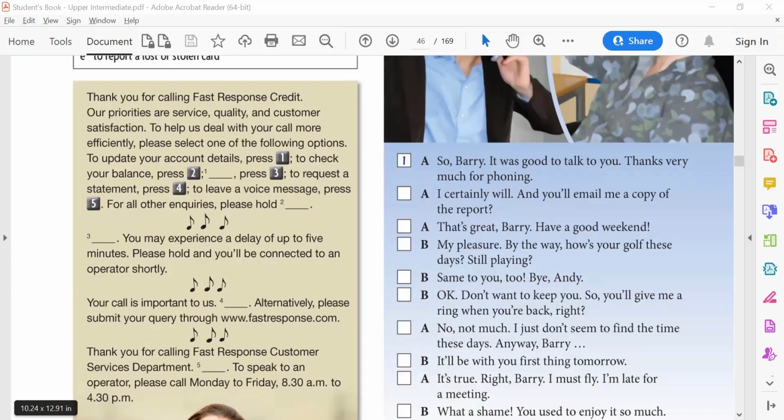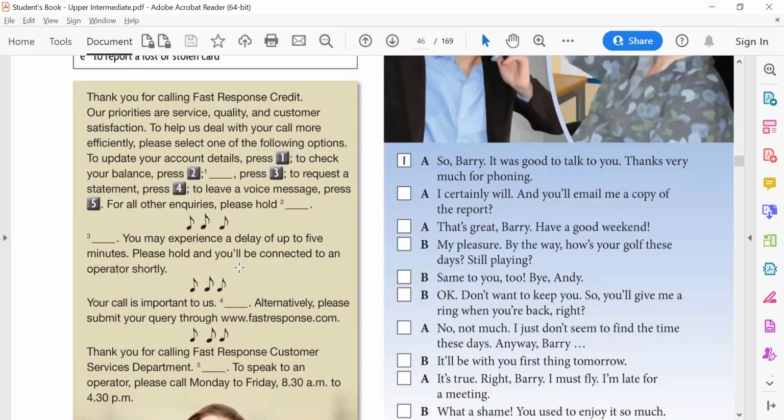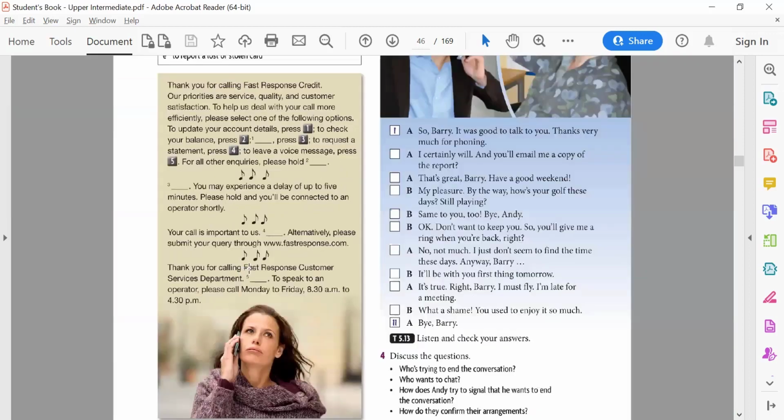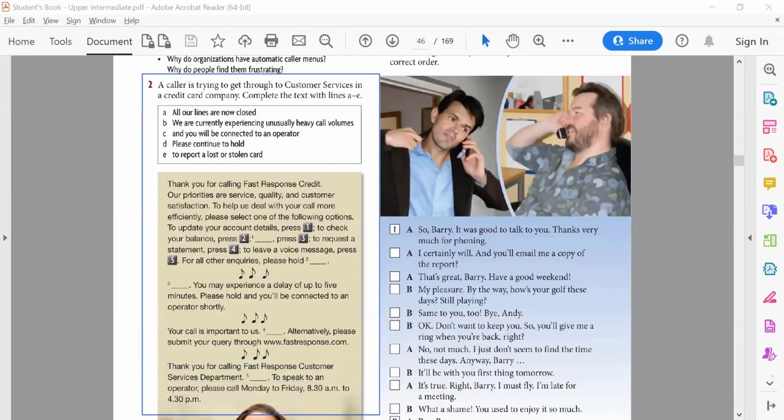Tape script 5.12. Thank you for calling Fast Response Credit. Our priorities are service, quality, and customer satisfaction. To help us deal with your call more efficiently, please select one of the following options. To update your account details, press 1.